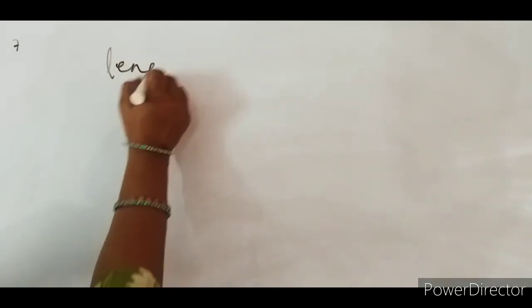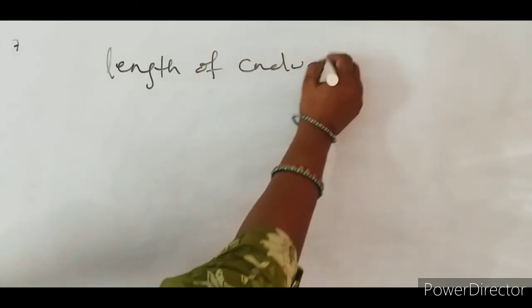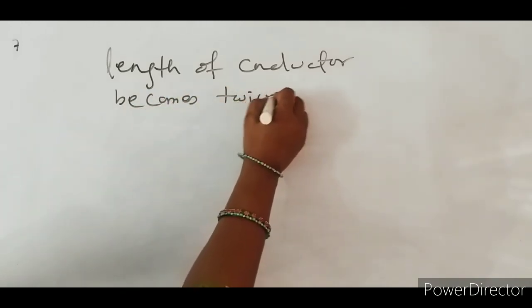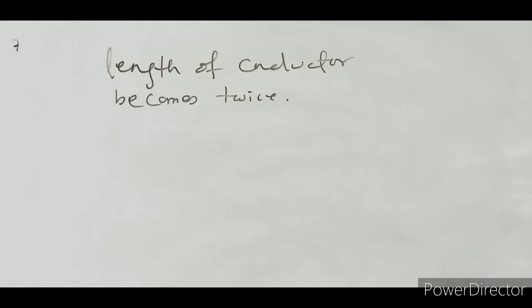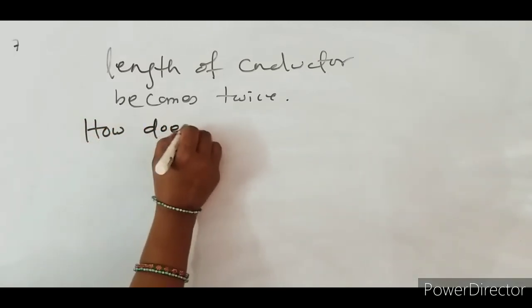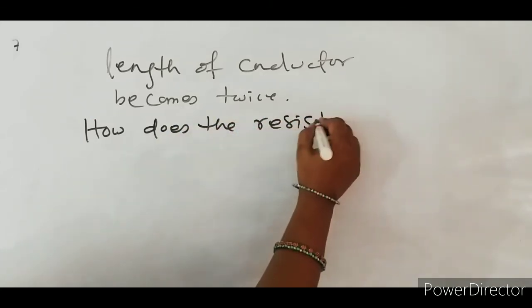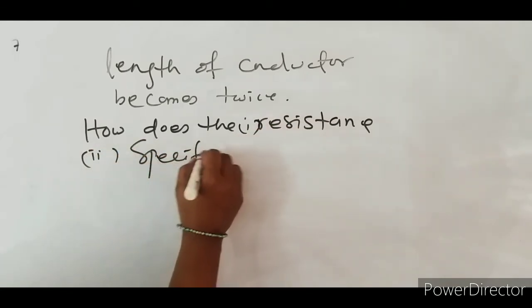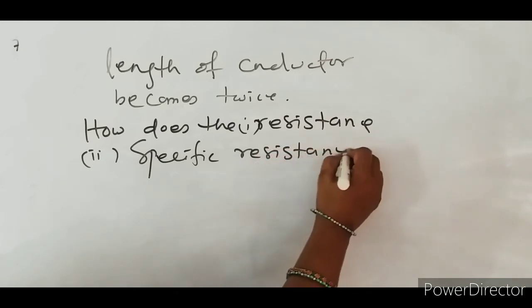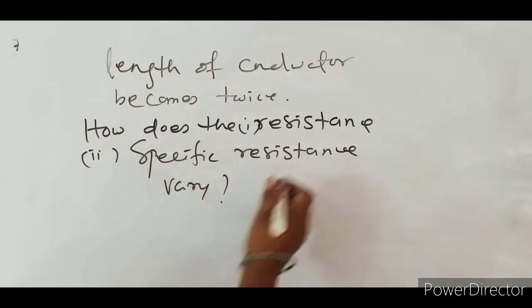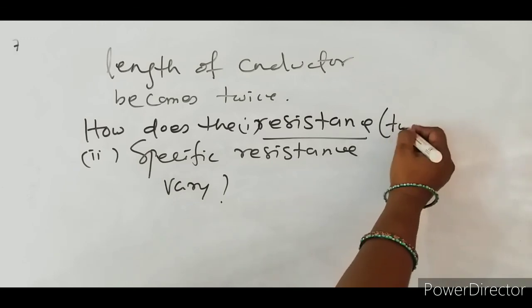If the length of the conductor becomes twice, how do resistance and specific resistance vary? The length of the conductor becomes twice, so the resistance becomes twice.